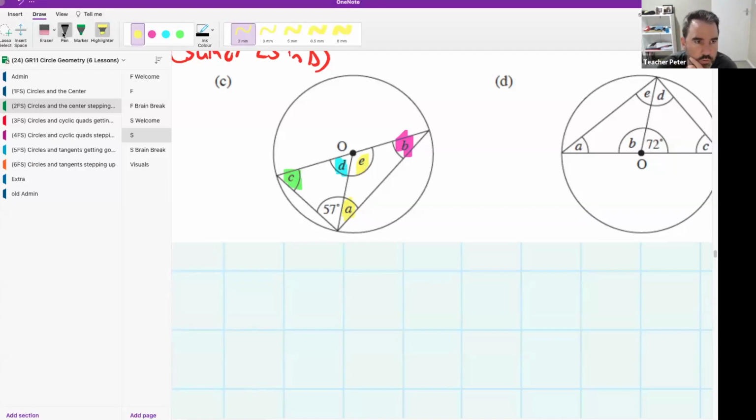Okay, which one would you go for first? I feel like the A would be the easiest one. Yeah, agreed. What do we think A is?